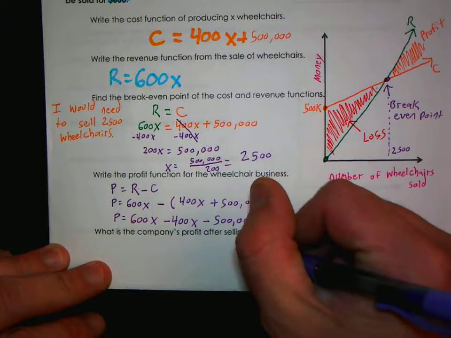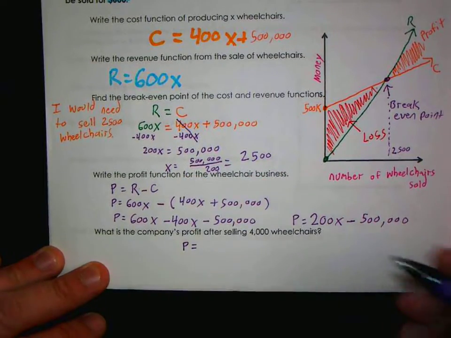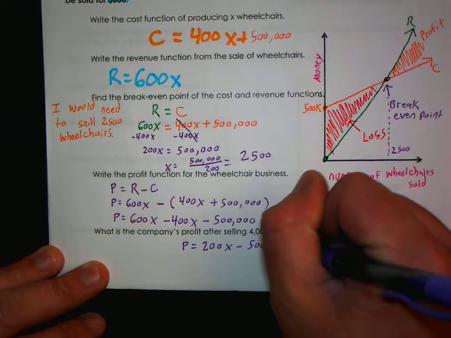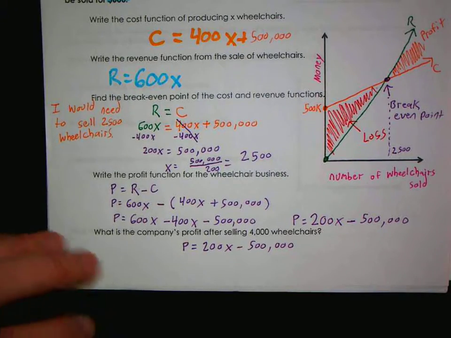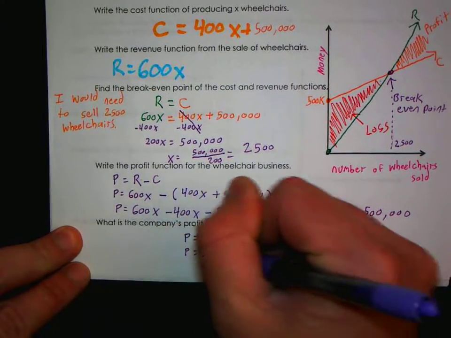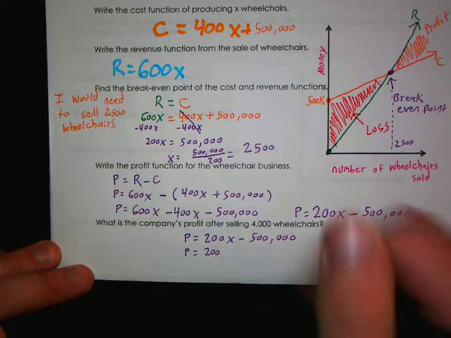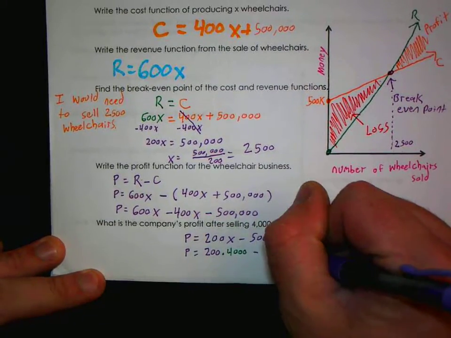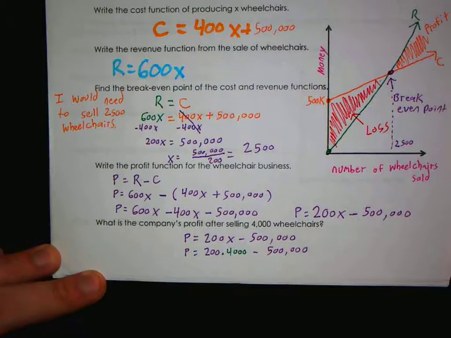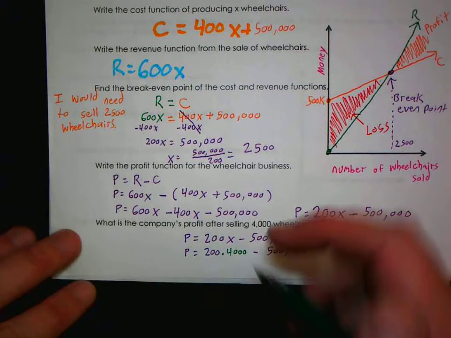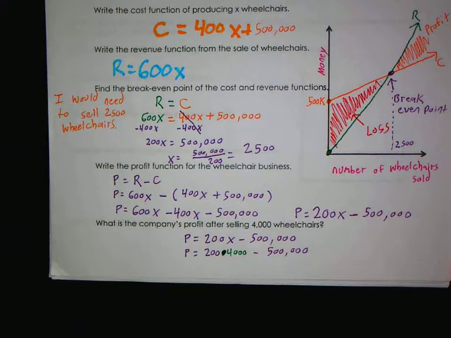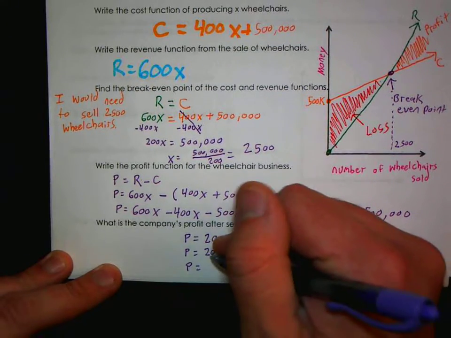So I plug in to my profit function 4,000 wheelchairs, which is x. Do the math. 200 times 4,000 and then minus 500,000. That is 300,000.